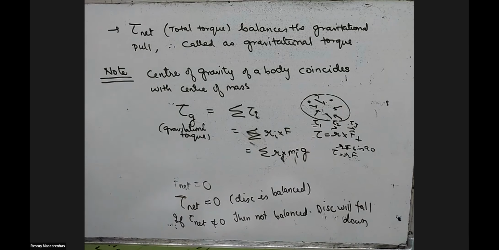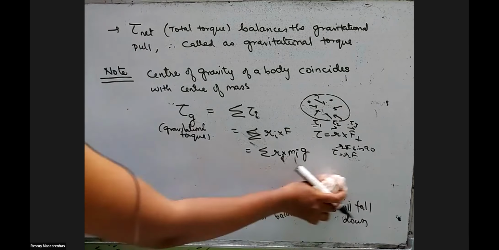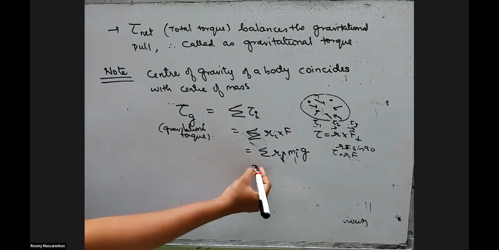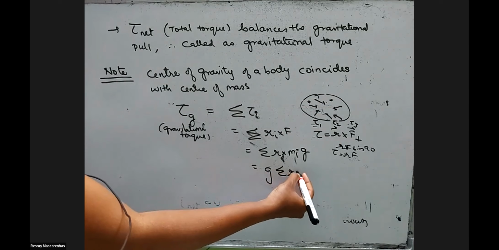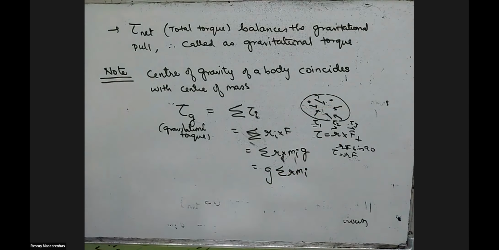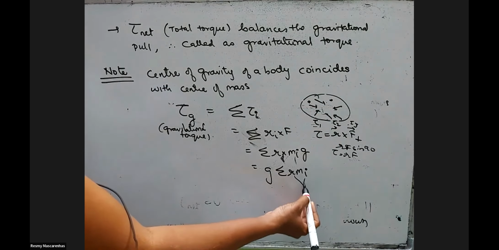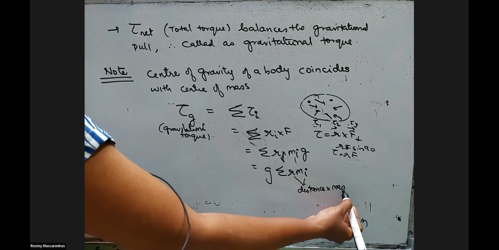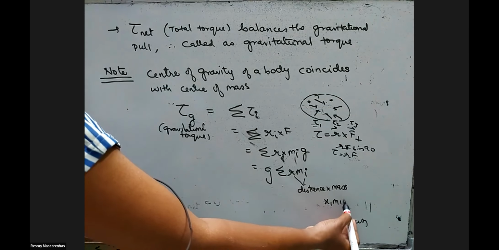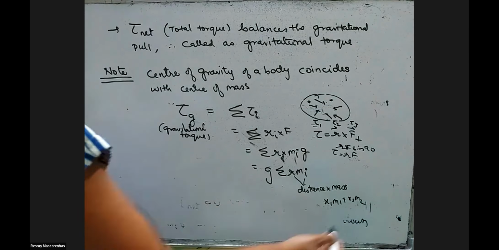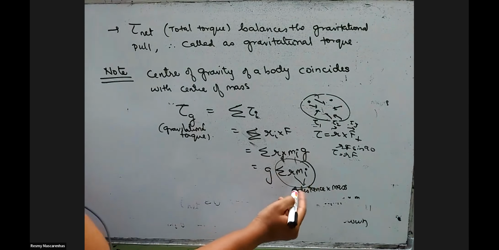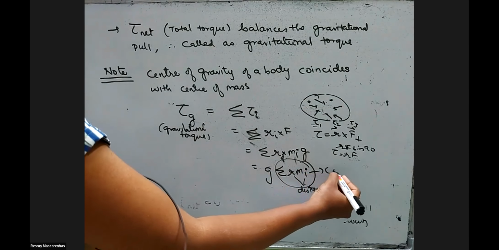g is always a constant. It is common to everyone. Gravity for this particle and this particle will be the same. So g I'll take out. What is distance into mass? We have always seen x1 m1, x2 m2 and so on is nothing but the center of mass.